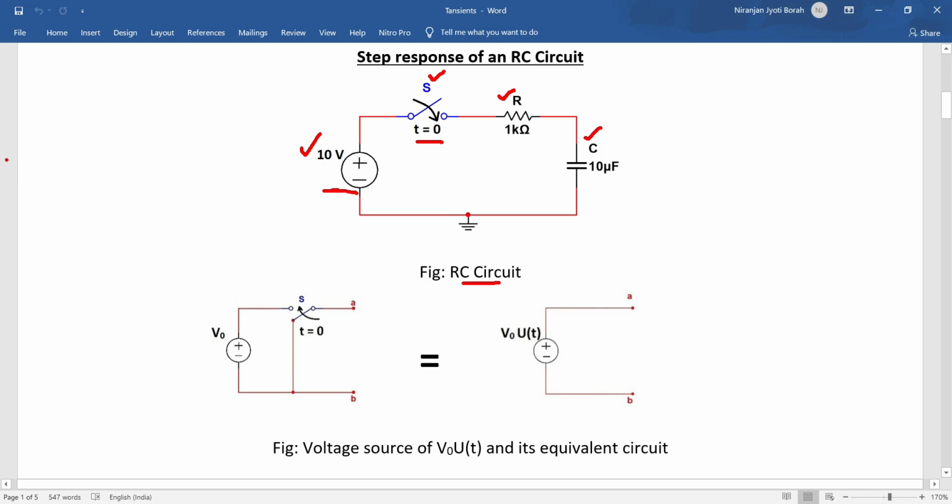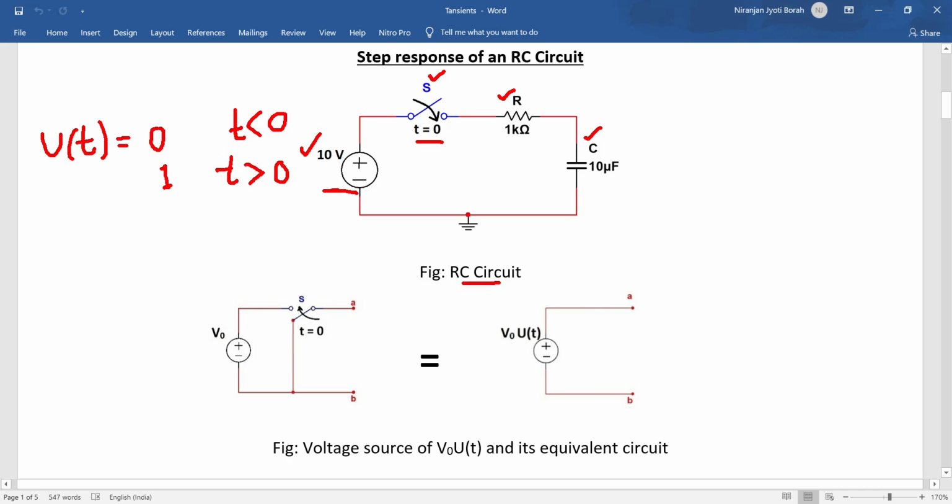We know the unit step function given as u of t equal to 0 for negative values of time and 1 for positive values of time.